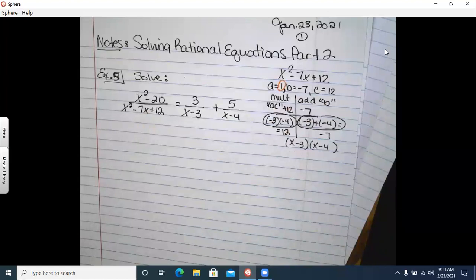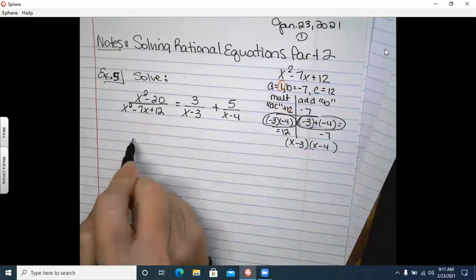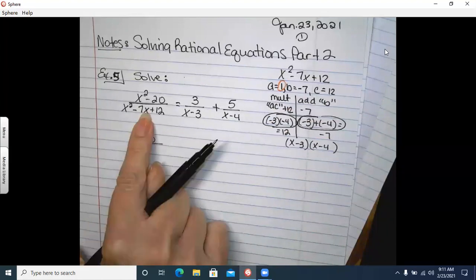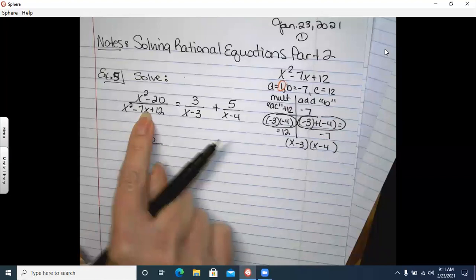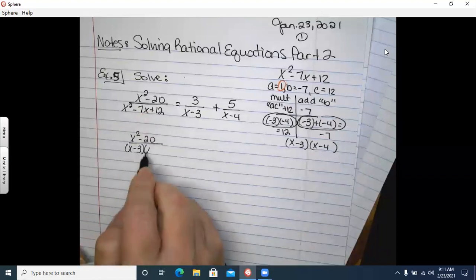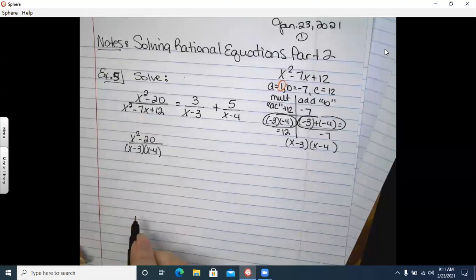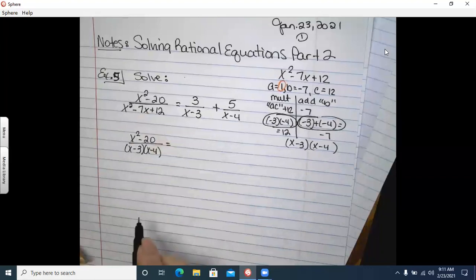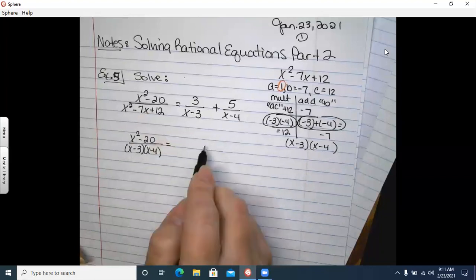So x squared minus 20 divided by, I'm going to put the factored form here, which we said was x minus 3 times x minus 4. Then bring down that equal sign. I'm going to give myself some space before the next term.